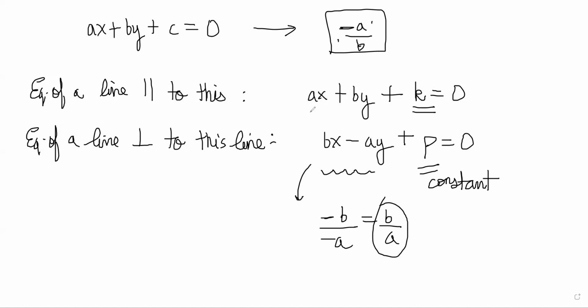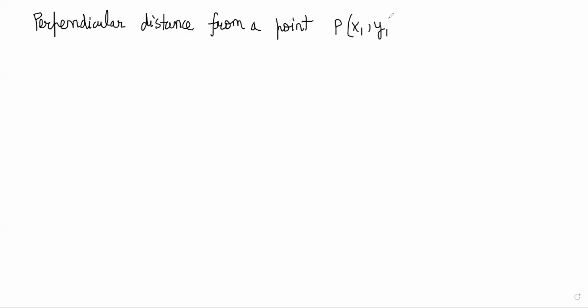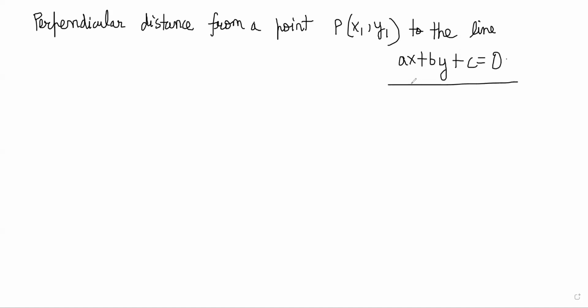Okay. Now, the next point that we need to understand is the perpendicular distance from a point P x1, y1 to the line ax plus by plus c equals 0, right?